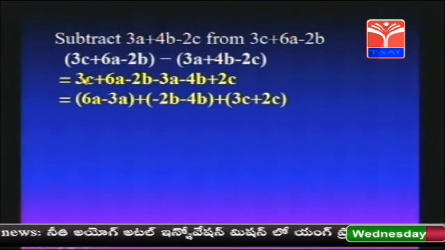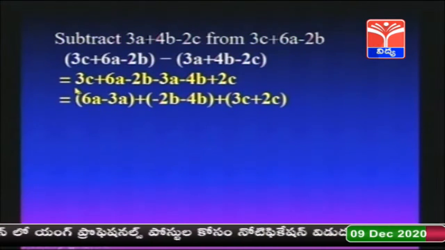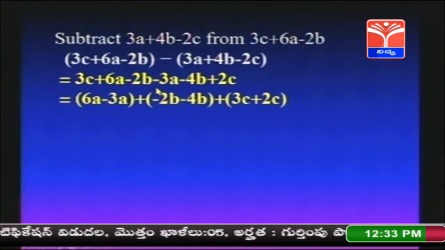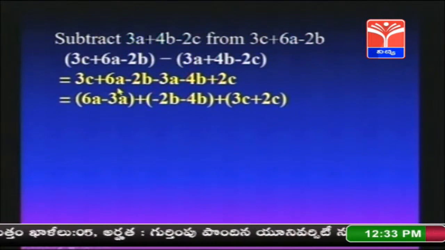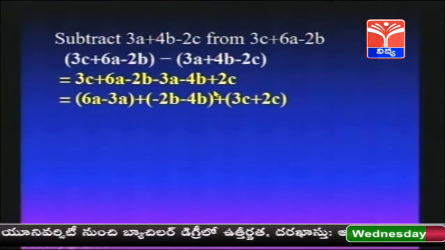Once again we have to regroup the like terms. So like terms are here, as you notice, 6a and minus 3a, minus 2b and minus 4b, and 3c plus 2c.